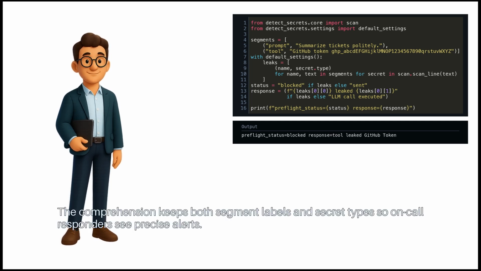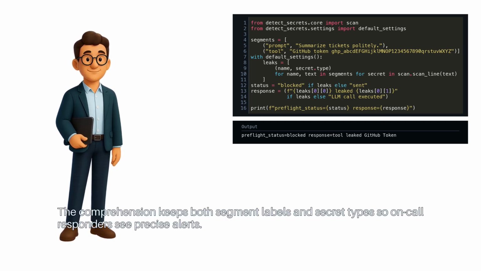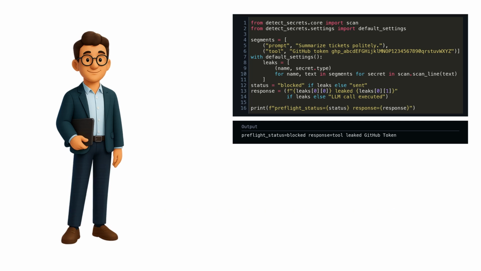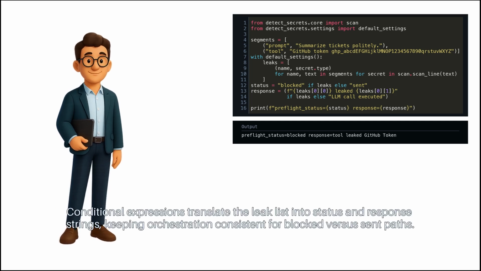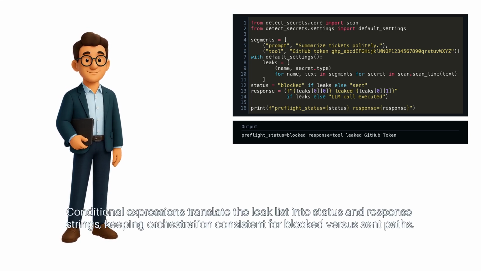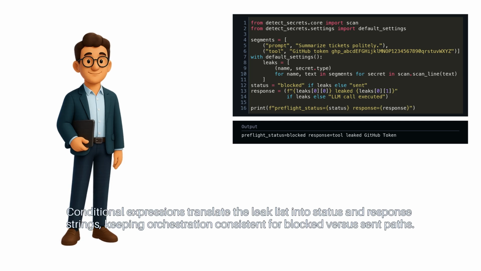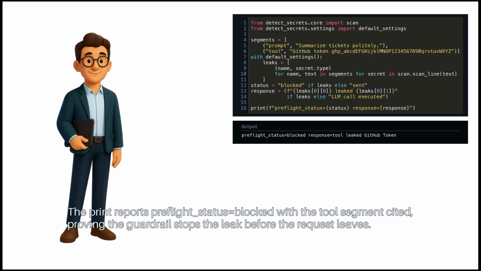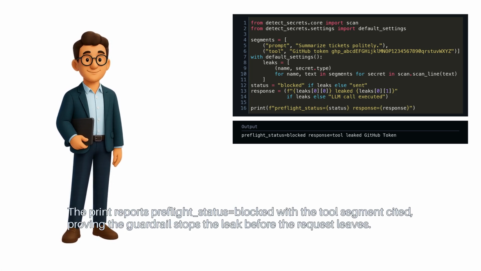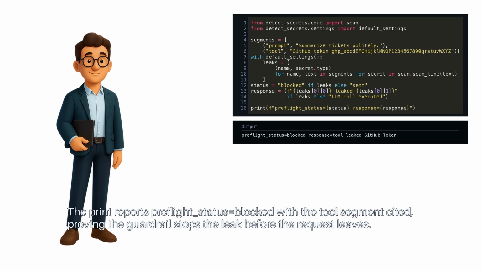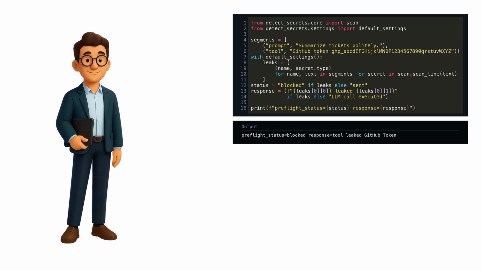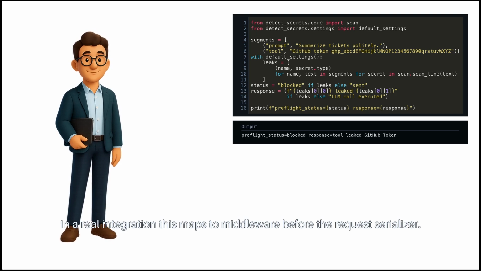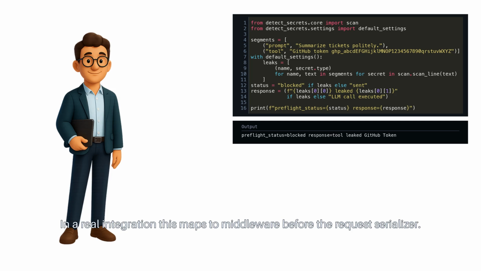The comprehension keeps both segment labels and secret types, so on-call responders see precise alerts. Conditional expressions translate the leak list into status and response strings, keeping orchestration consistent for blocked versus sent paths. The print reports preflight status equals blocked, with the tool segment cited, proving the guardrail stops the leak before the request leaves. In a real integration, this maps to middleware before the request serializer.